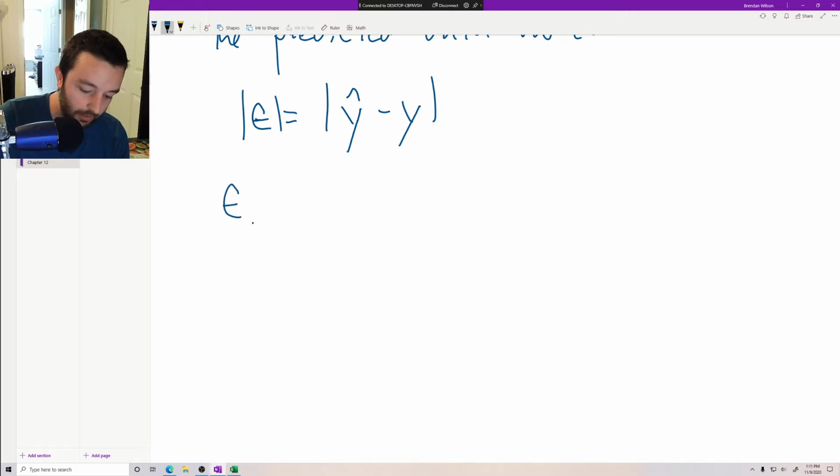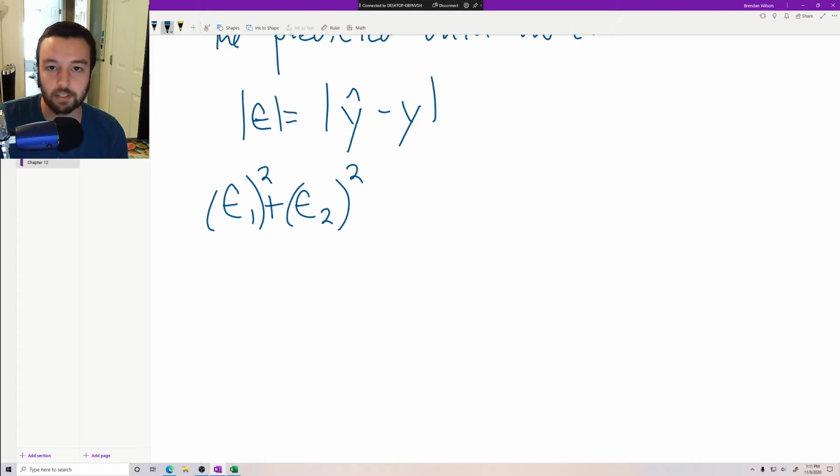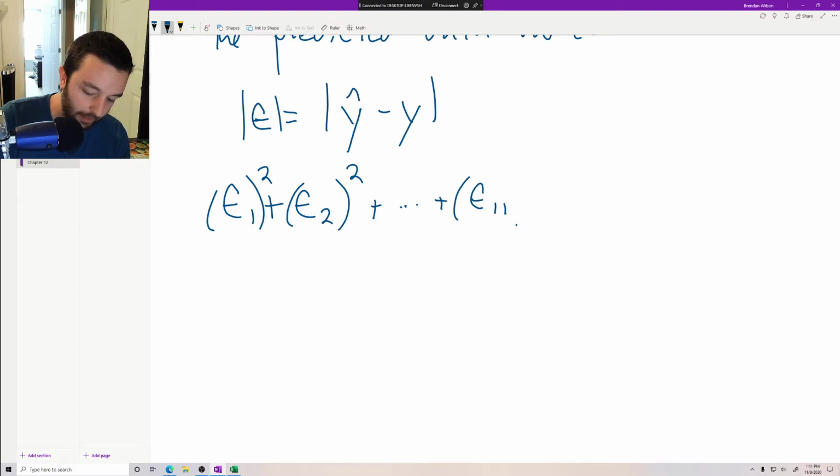If we take all of the data, so epsilon 1, epsilon 2, etc., and then we square all of them, well, we square all of them first and then we add them, okay? And we do that all the way up to epsilon 11, and we square it, which we could write using our previous sigma notation as this, okay?